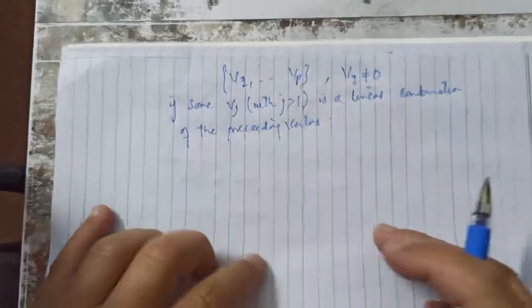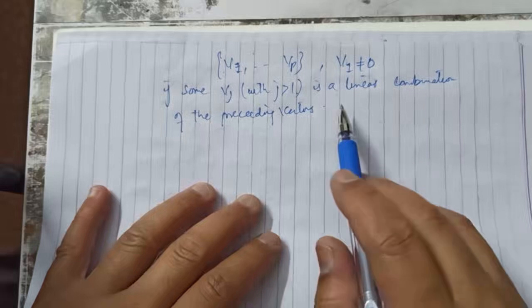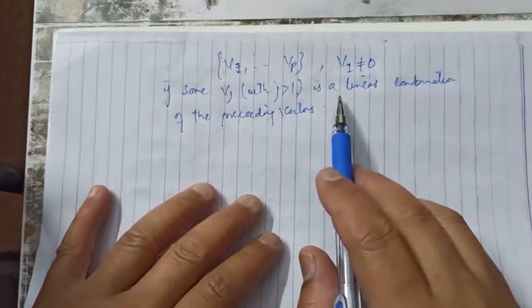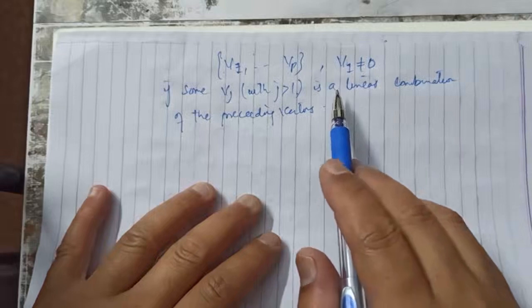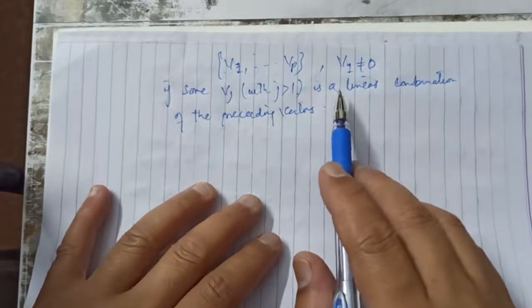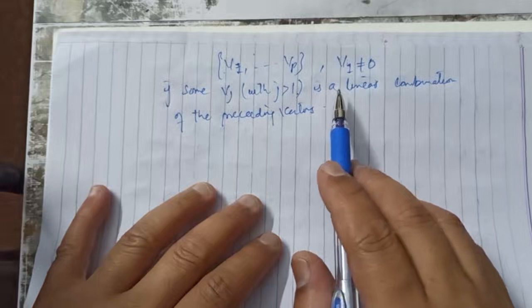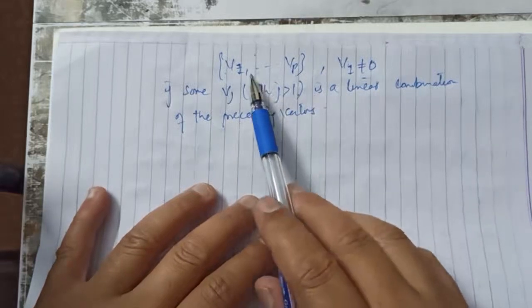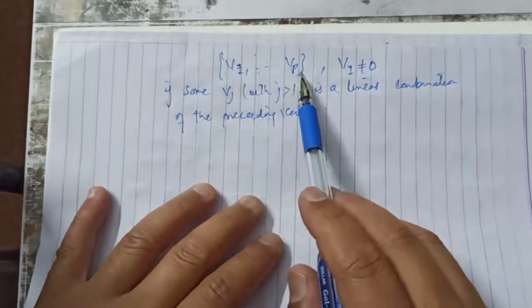So we talked about a single vector in a vector space. It is linearly independent if it is not equal to 0. Similarly, we talked about two vectors in a vector space. If one vector can be written in the form of another vector, then they are linearly dependent. Now we can generalize this to a set of p vectors in the vector space.